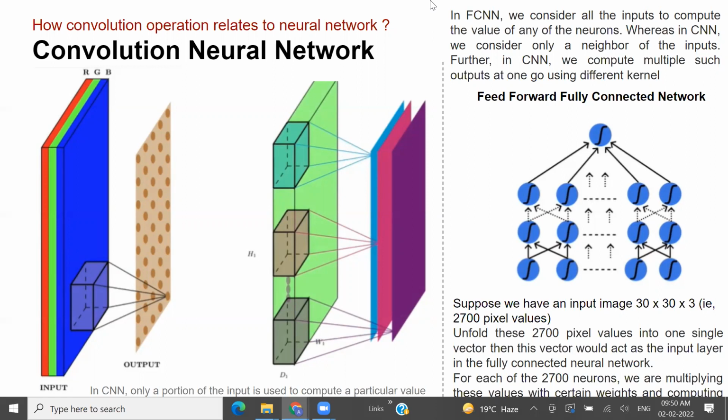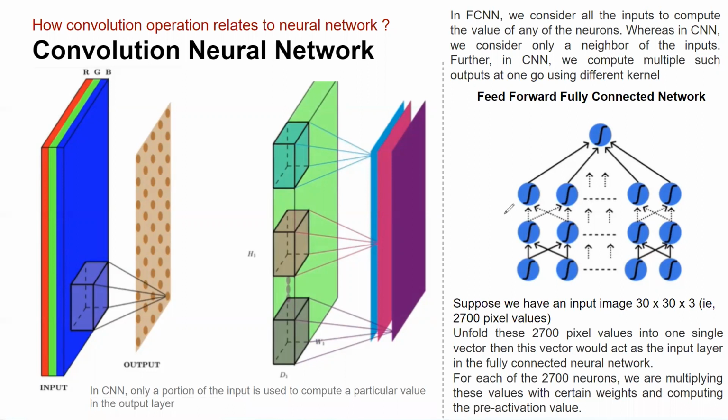Can you repeat the statement once again? See, this is a feed forward, fully connected network. This is your input layer, and this is your hidden layer.